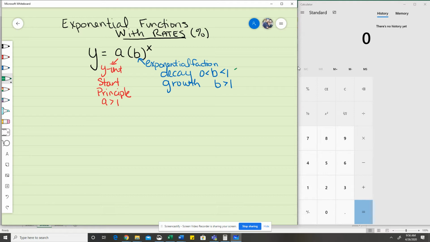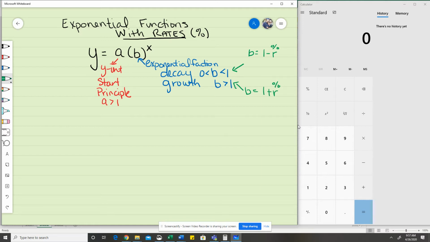If it's a decay, your b value is going to be 1 minus the rate, and the rate is your percentage. Okay, if it is a growth, your b is going to be 1 plus the rate, or that percentage.